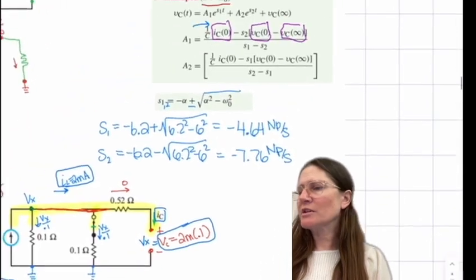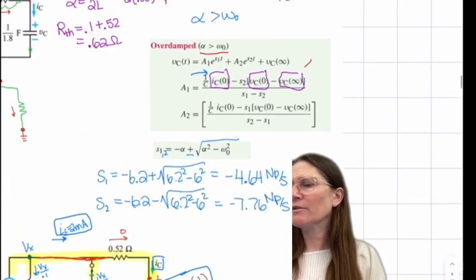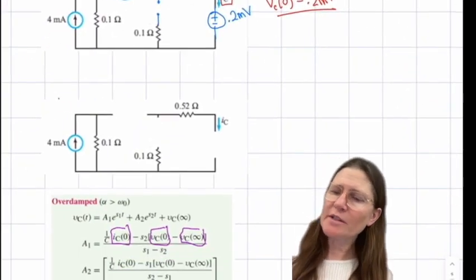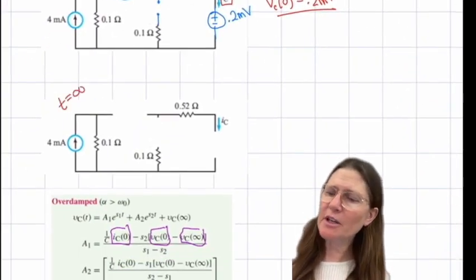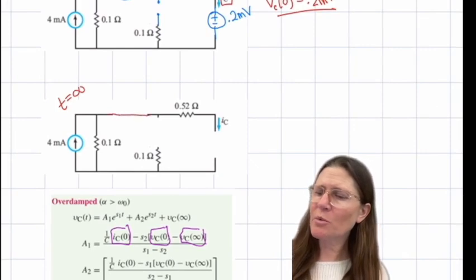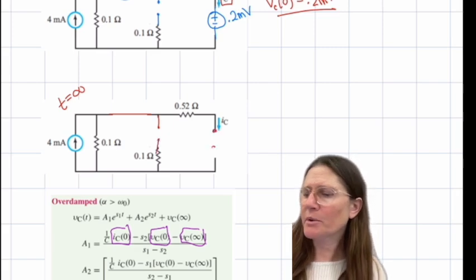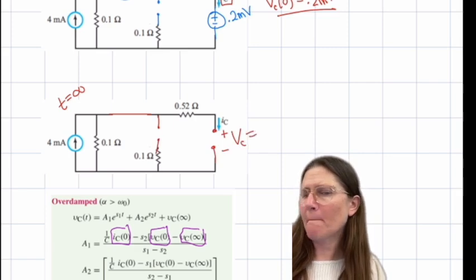And then we just need to get that VC of infinity. So at t equals infinity, this goes back to a wire again. This is open, and this is open. And so this voltage here will be what?